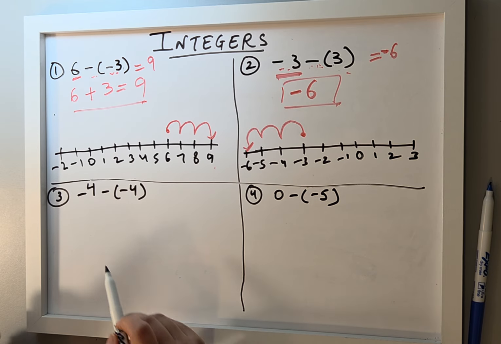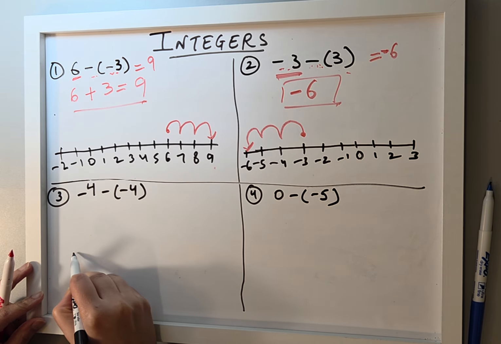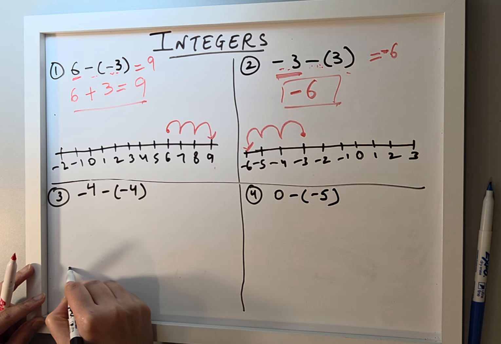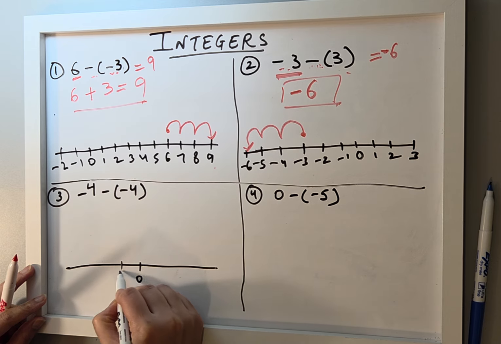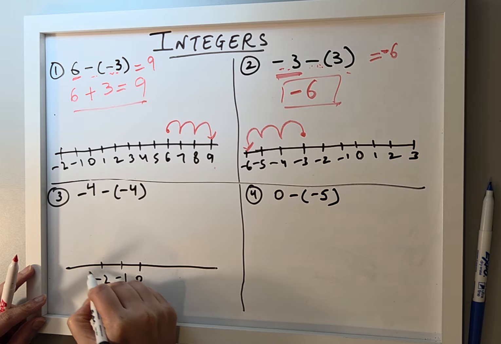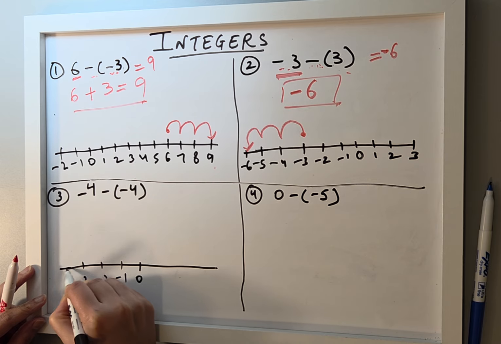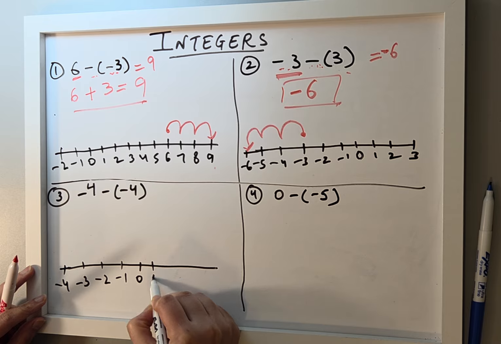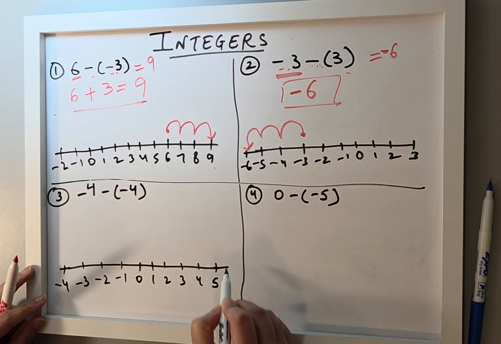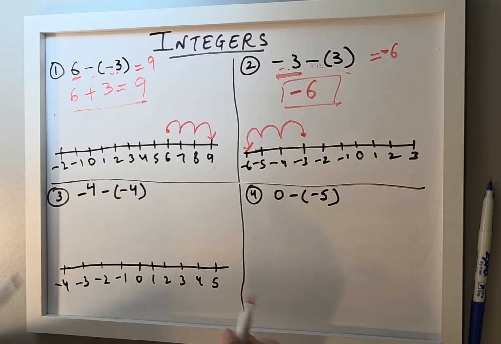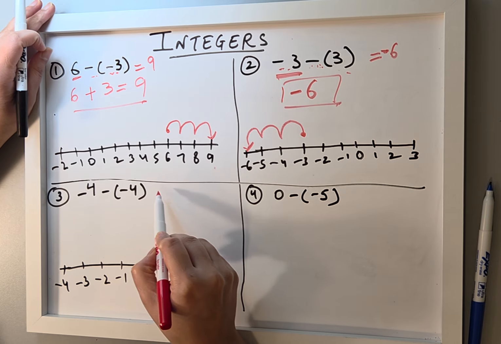Okay. Now let's look at this example. Draw number line. 0, minus 1, minus 2, minus 3, minus 4, 1, 2, 3, 4, and 5. Okay. In this case, let's start the opposite way.